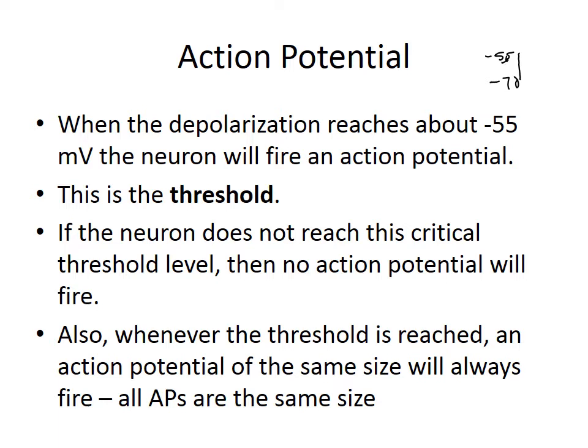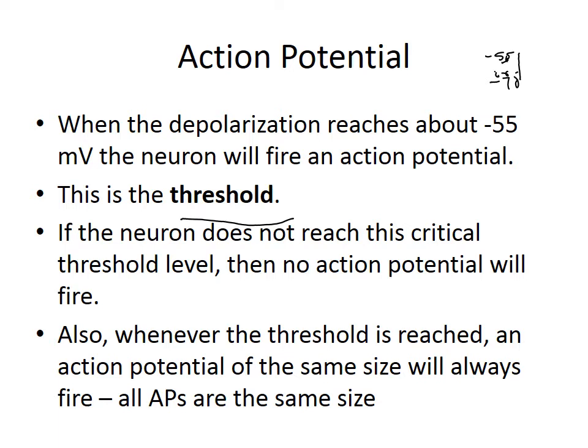I'm just going to do the whole thing. But if it went to, let's say, negative 60 or 65, nothing would happen. But when it reaches negative 55 millivolts, the neuron will fire an action potential, and that is called the threshold. So it has to reach threshold before an action potential is fired, which means the stimulus is sent.